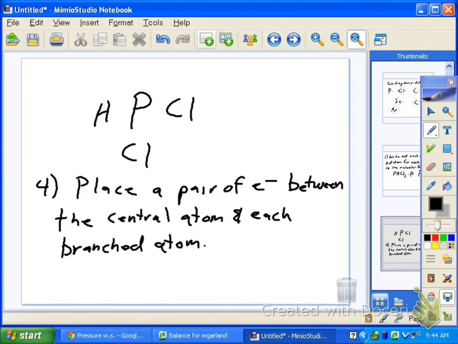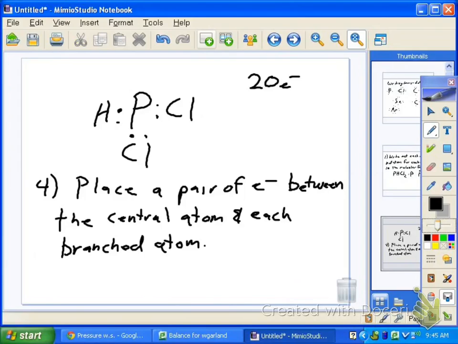So originally we had 20 electrons. Then we're going to go ahead and place shared electrons. That's what they're called, shared. You're going to hear me throughout this chapter talk about shared electrons, or a shared pair of electrons, and an unshared pair of electrons.